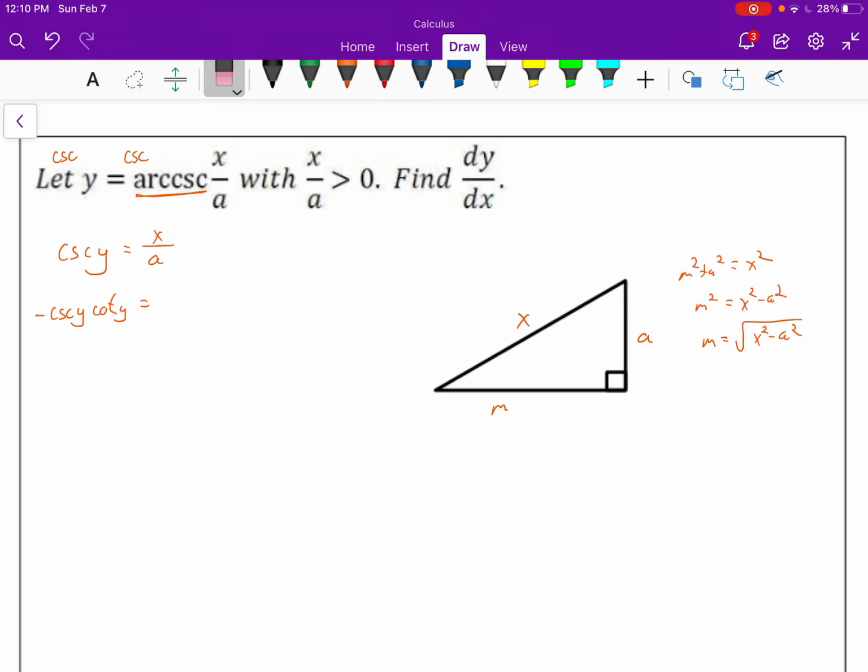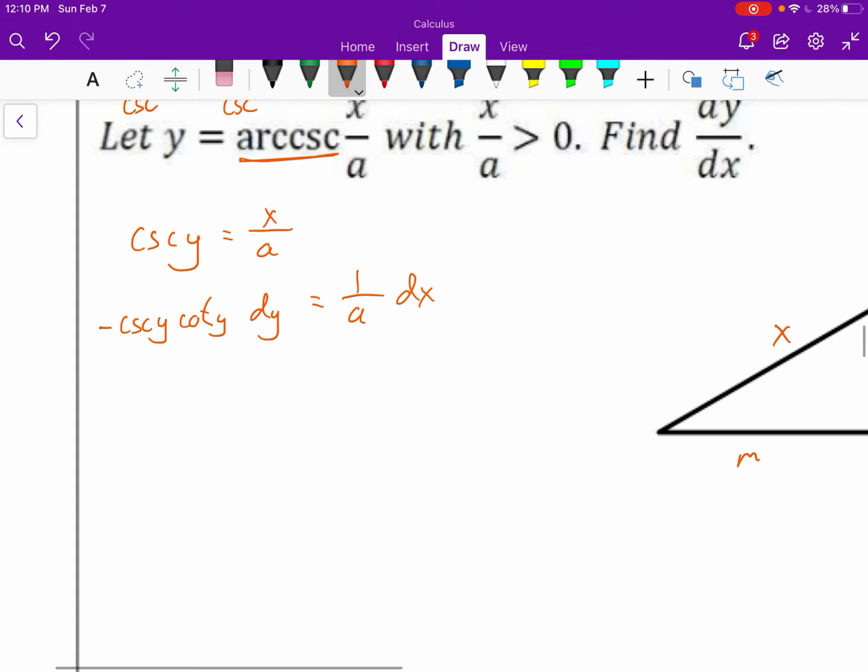dy equals 1 over a dx. All right, I'm going to just do this a little bit differently.